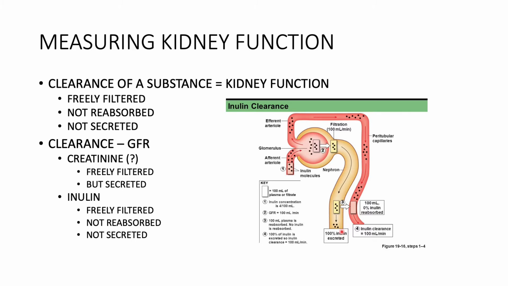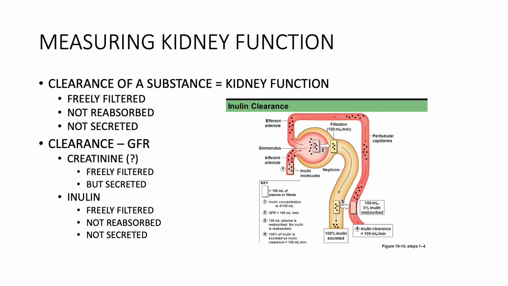But what is the problem with inulin? Why do we not use it? Because we need to have a constant concentration of inulin to measure kidney function. What do you mean by that? We need to do a continuous infusion of inulin, which is very tedious and very hard to do.